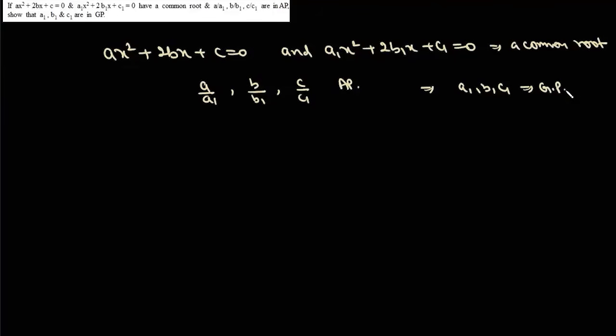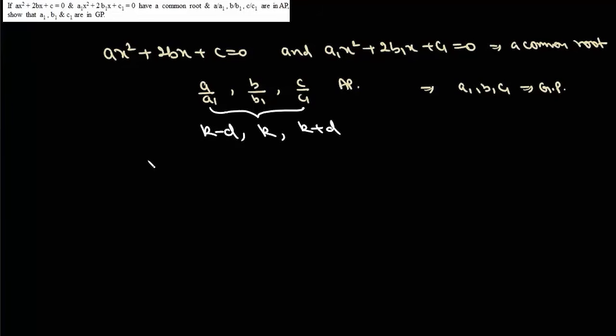Now the first thought in this question is to find the condition of common root and then maybe try this AP condition to prove that a1, b1, c1 are in GP. But this method proves to be very lengthy. So what we'll do is we'll say these three numbers are in AP, and let these numbers be k minus d, k and k plus d.